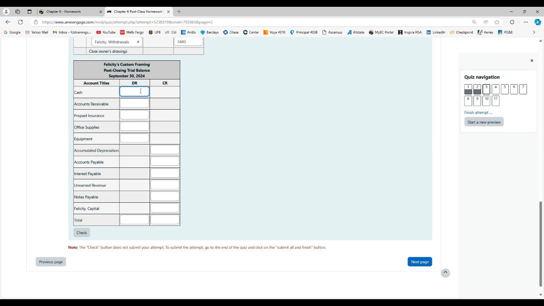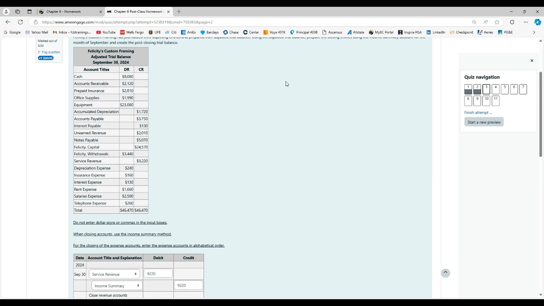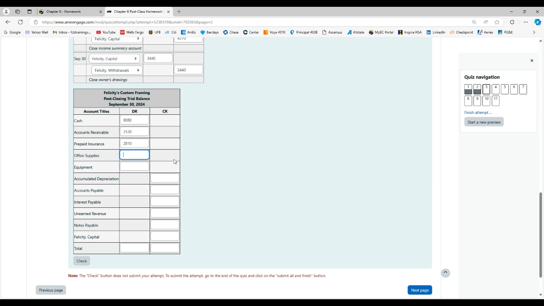Okay, and then again, we're just going to go down and input everything off the unadjusted trial balance, because those don't change, or the pre-close trial balance, I should say. I guess that's the adjusted trial balance, not unadjusted, just not closed yet.